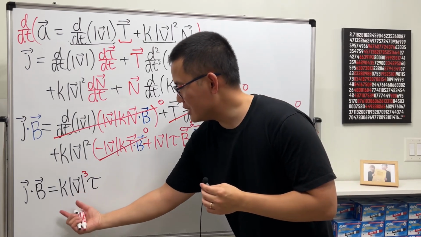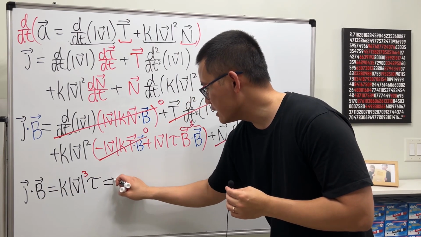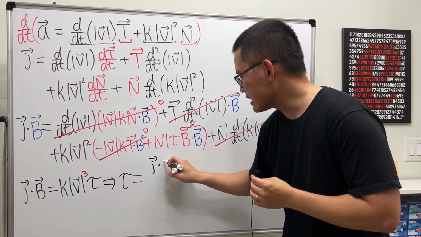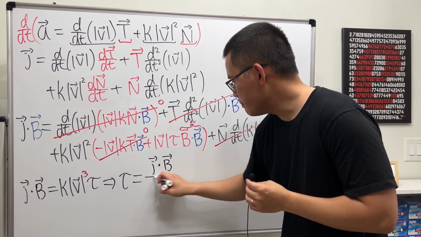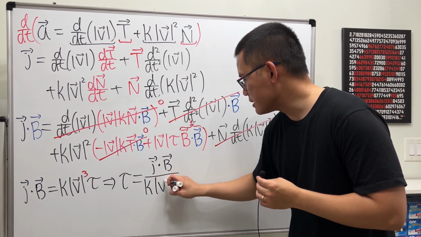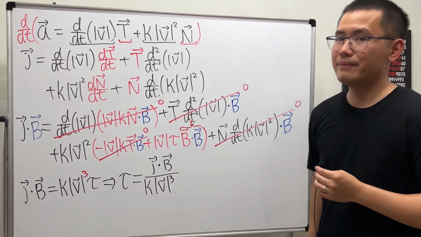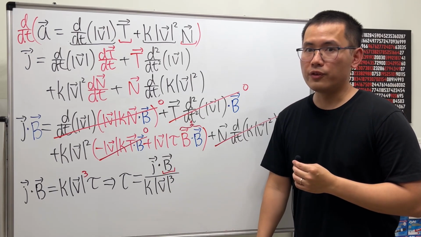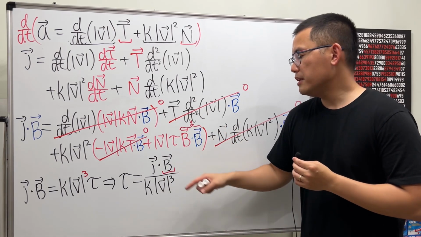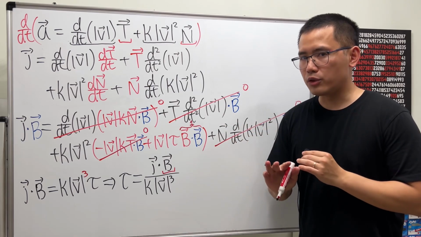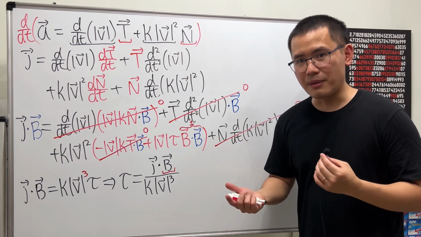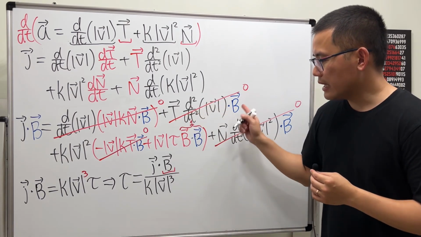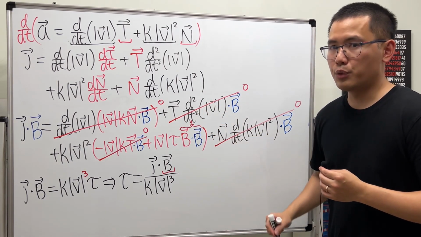And of course, we can just divide this to the other side, and we will get the torsion tau equals j dot b divided by kappa times the speed to the third power. Now, what is b? Well, we know from the t and b vectors, b is the same as t cross n, but don't do it like that, because we have something better from the previous board. We can write this as v cross a divided by the magnitude of v cross a.